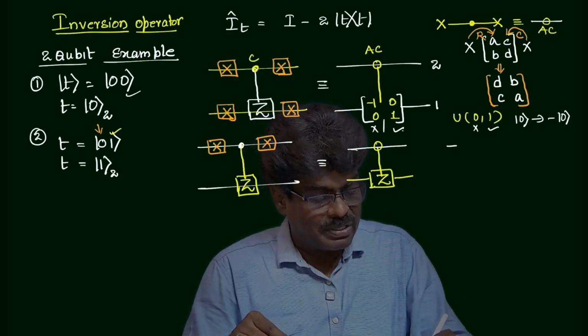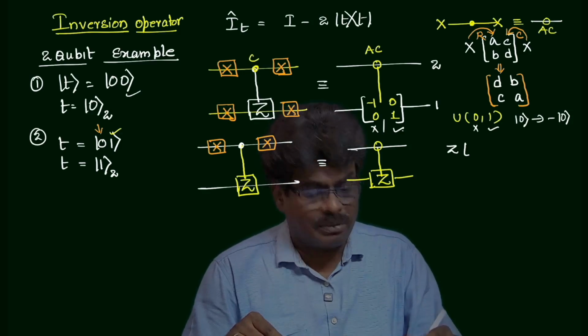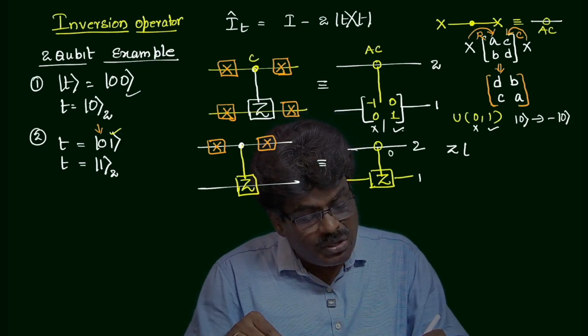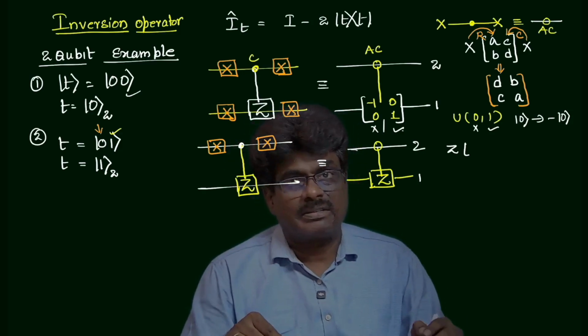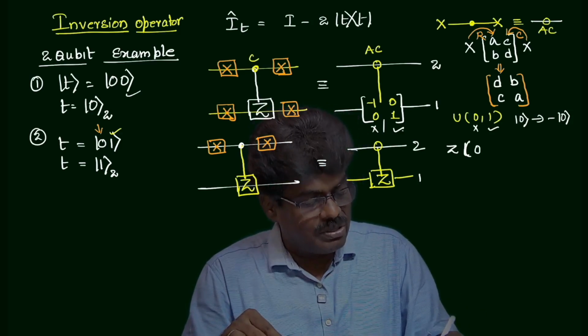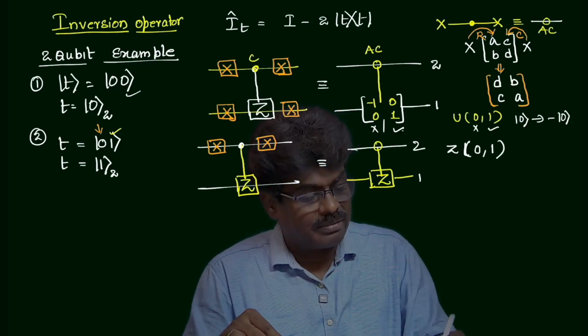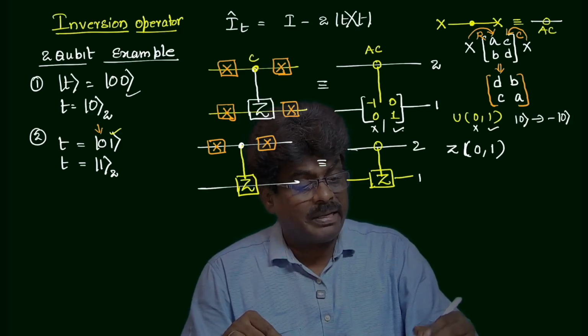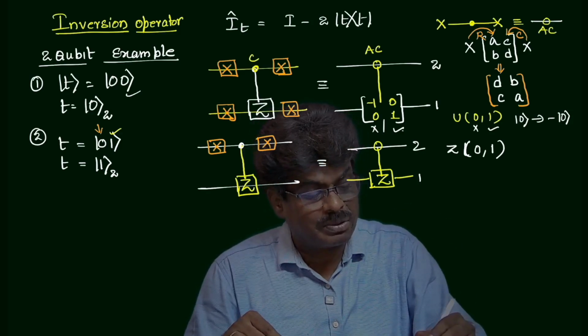So what is this operation? Z of anti-control, no need to consider 1 and 2. If this is a 0, then only that operation will execute. So that means Z of 0 comma 1. I have already explained this in that video, I request you please watch.